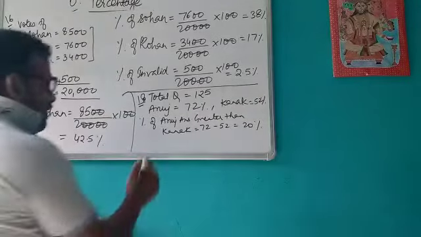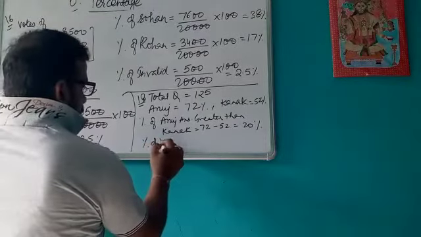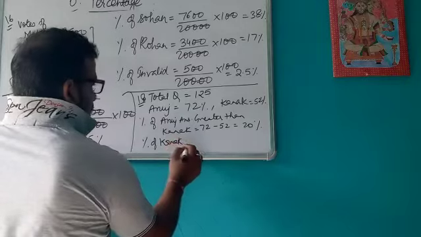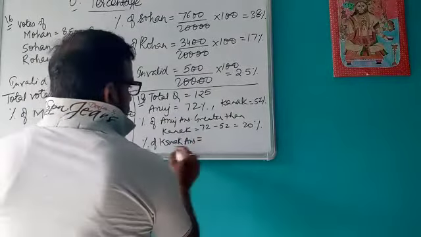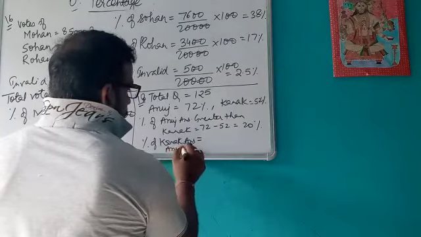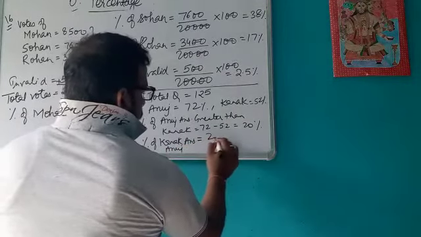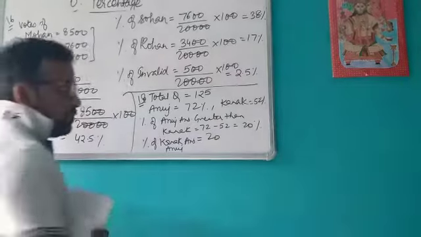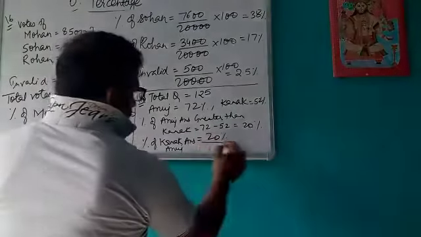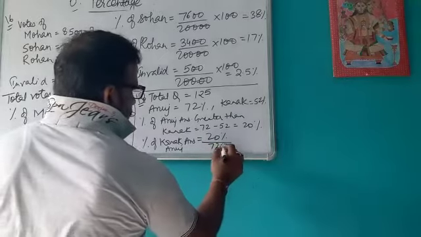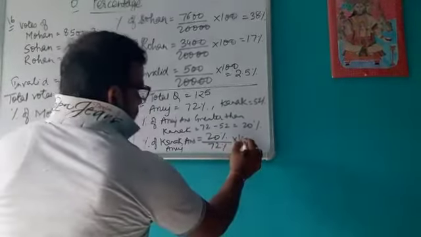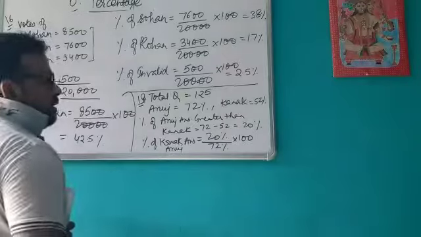Now we have to calculate the percent of Kanak's answers with respect to Anuj's answers. So 20% of answers divided by how much did Anuj answer? 72% into 100.